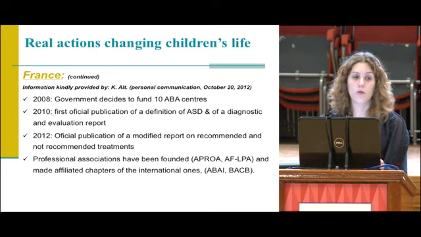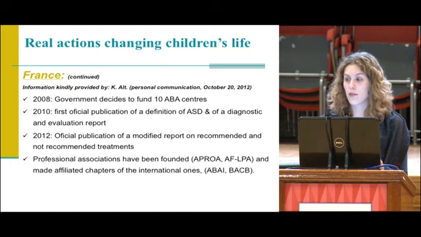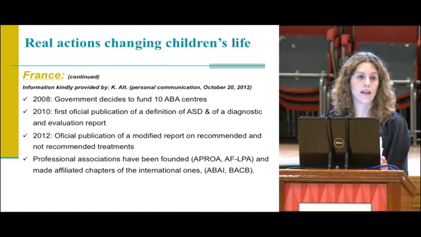So I think that, of course, the collaboration can be greatly improved. There is still a complete lack of knowledge on what ABA is, and I think that a lot of misconceptions are maintained. So there is a lot of work to be done in this area, and more training should be available on the science of ABA and specifically related to autism.